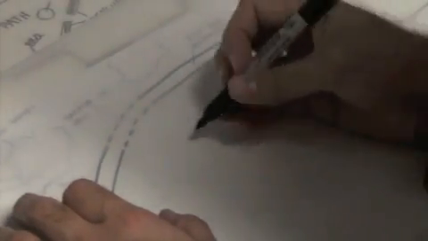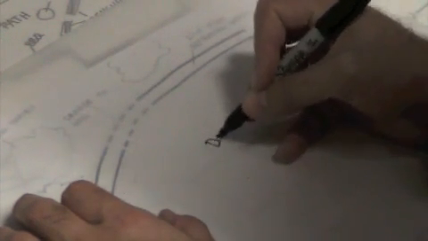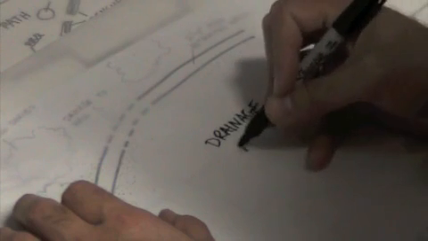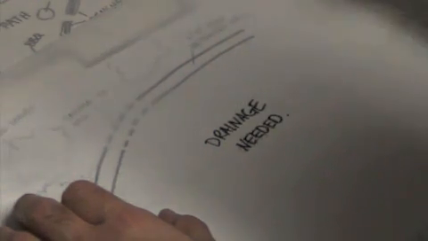Well, it could mean a couple of things. First, it tells me that this flat spot here, this area of grass, is going to get wet. So I need to do something to deal with that. So I'm going to write here, drainage needed.